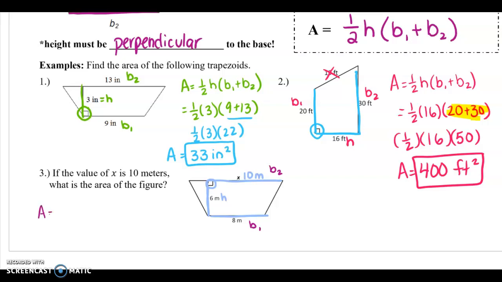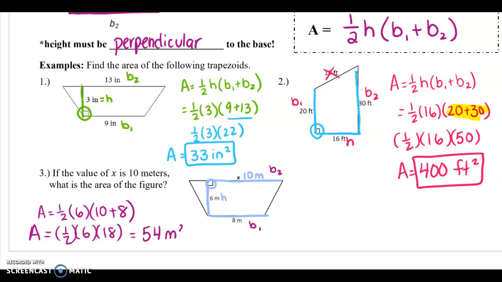So area equals 1/2 times my height of 6 times my bases added together, so 10 plus 8. 10 plus 8 is 18. Multiply that by 6. Multiply that by 1/2. 0.5 times 6 times 18 gives me 54. So 54 meters squared.